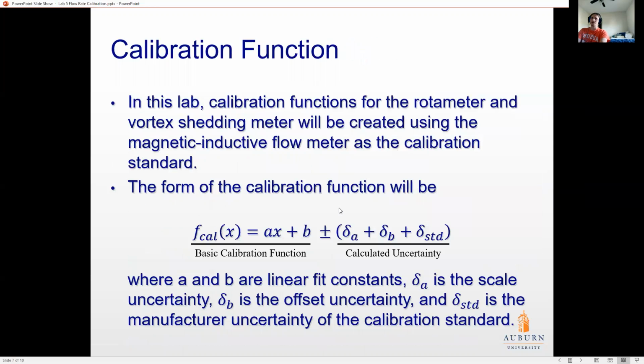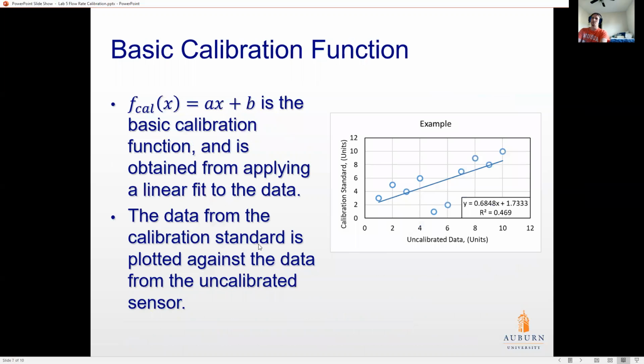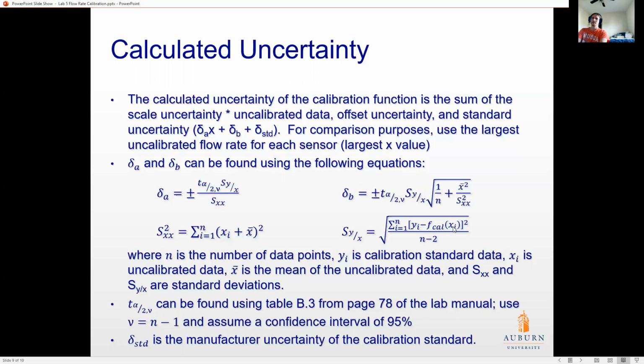The X's are the result of your basic calibration equation, your calibrated numbers for your other sensor. So this is looking at how close your calibration came to the standard, how good your calibration was at reducing the error and getting you close to the correct data.